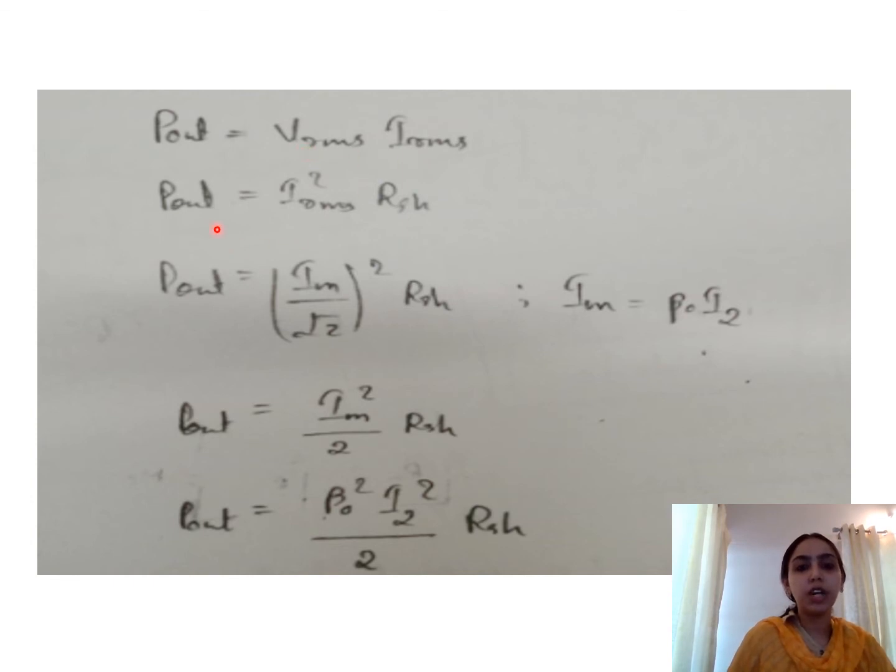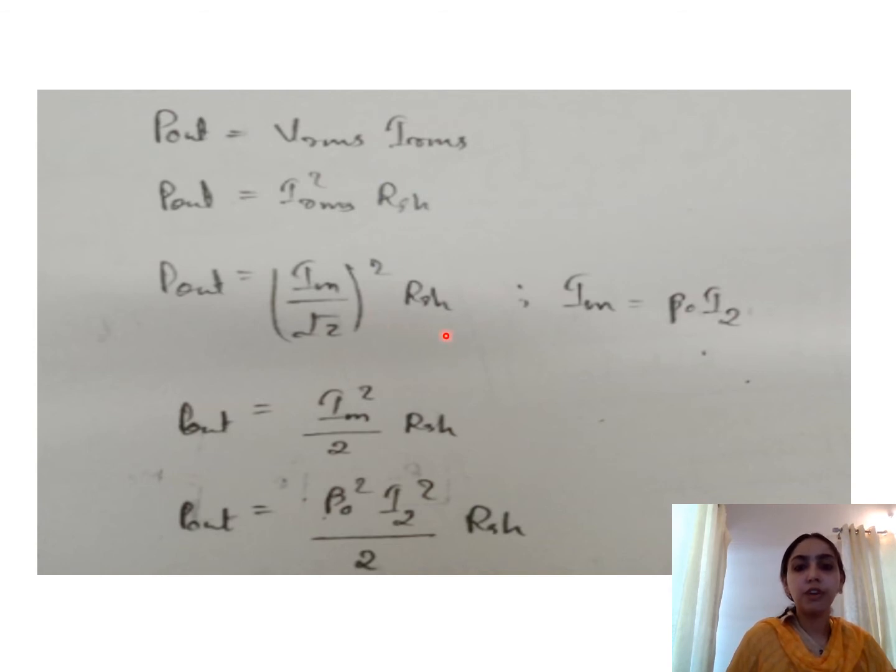So in terms of current, I have rewritten the expression as P out is equal to Irms squared into RSH. Here RSH is our effective shunt resistance. Irms we know is Im by root 2, so substituting, P out is equal to Im by root 2, the whole squared, into RSH.